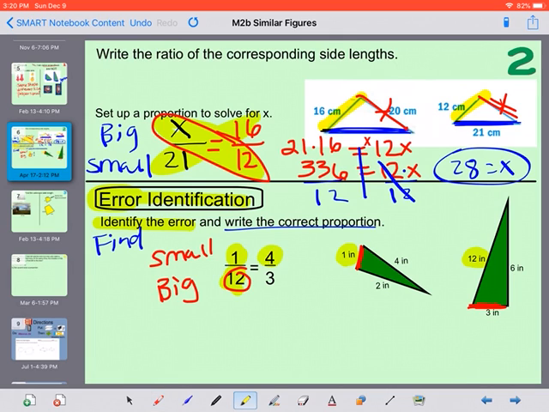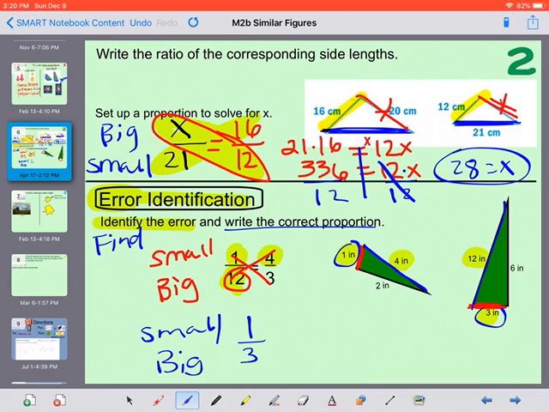Over here we have 4 from the small triangle, and it's matching up with 3 on the large triangle. So these two, 3 is on the big triangle, but we have some things going super wonky on this. So if we're looking at the two sides that they have picked out here using those same numbers, from the small triangle to the big triangle, our proportion from small to big, we would have 1 over 3 is equal to, from the small one, 4 over 12.